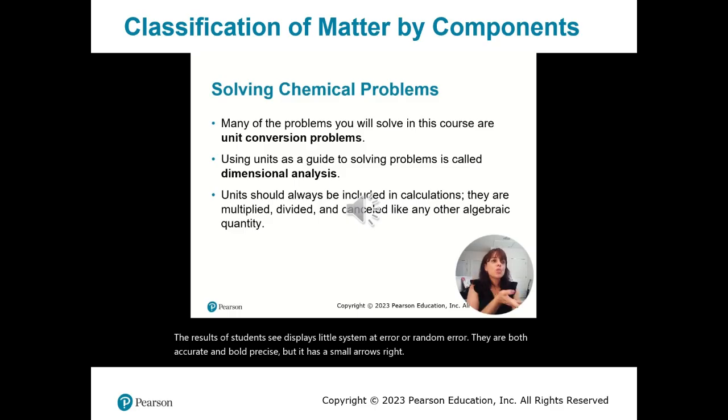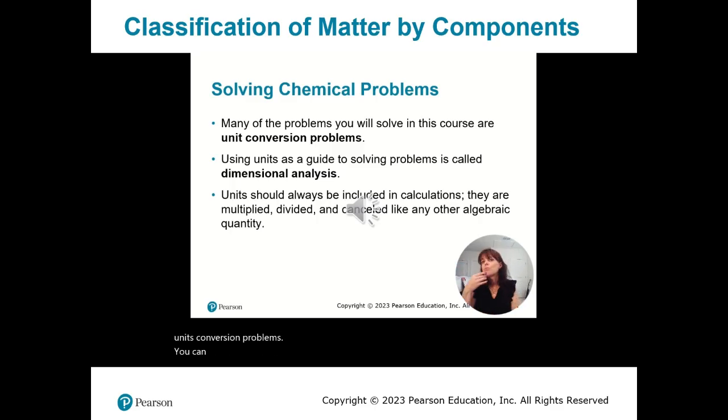To solve chemical problems, many of the problems you will solve in this course are unit conversion problems. You can convert meters to another unit. You can convert cubic centimeters to liters. You can convert moles to atoms.